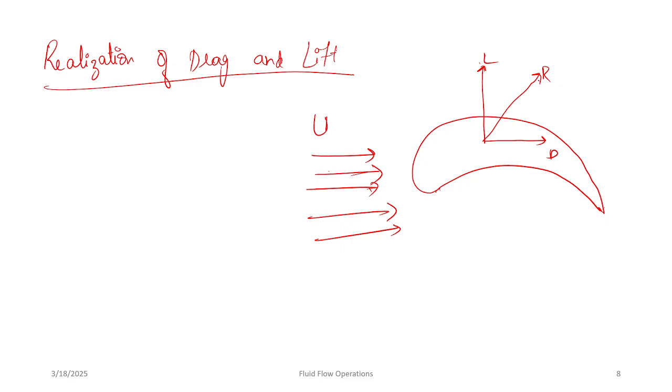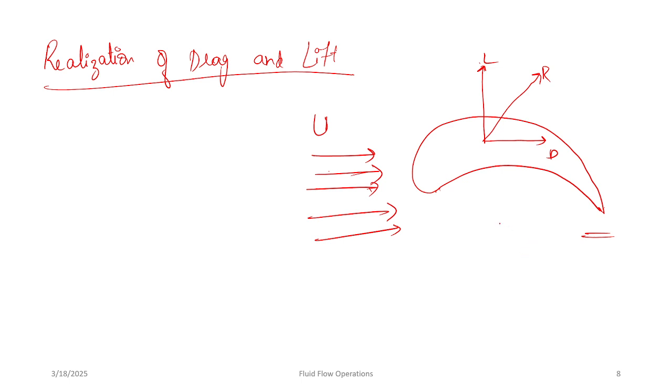Okay, so a flat plate realizes a force only in the downstream direction when it is placed in the flow. However, in case of a wing, in this example, this realizes a force R inclined to the flow as shown in the figure.